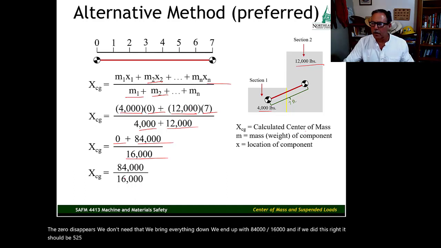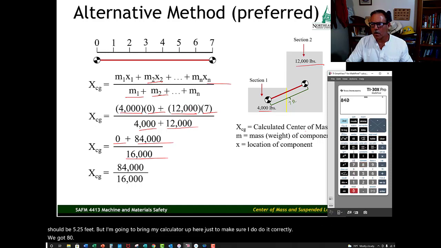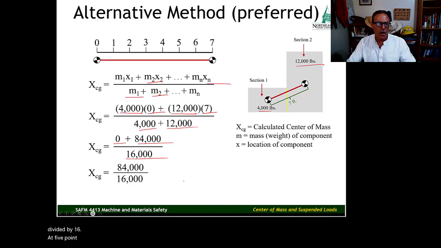But I'm going to bring my calculator up here just to make sure I do it correctly. We got 84,000 divided by 16,000 and 5.25. So we did something right.